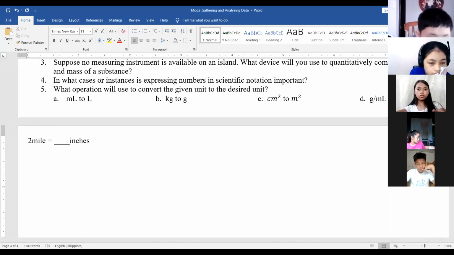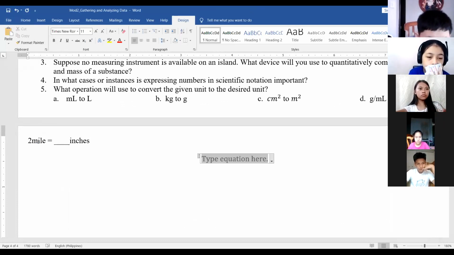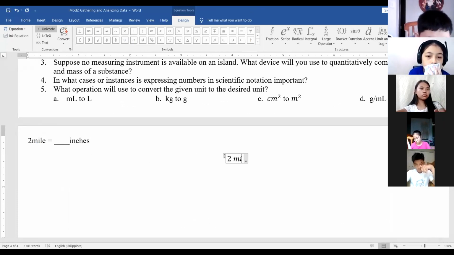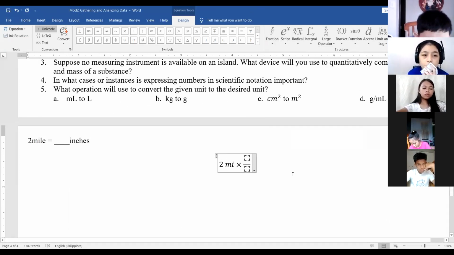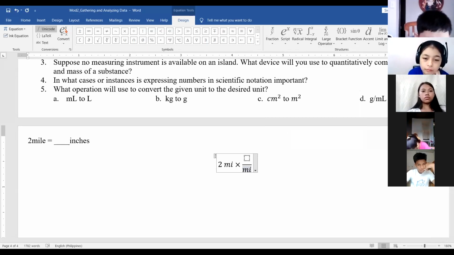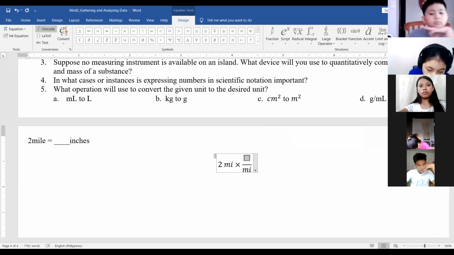So we have the conversion: take 2 miles, class, for example, 2 miles, and then the conversion goes with multiplication. The multiplication happens to be done in this way. The unit that you're going to eliminate will be in the denominator, which is the mile, and the unit that you need to arrive at is on top, which is the inches.